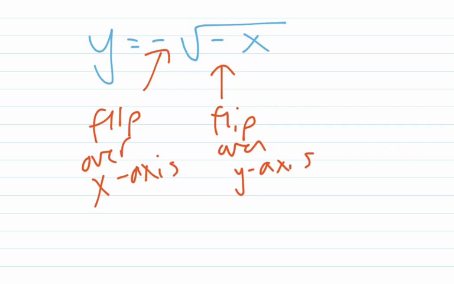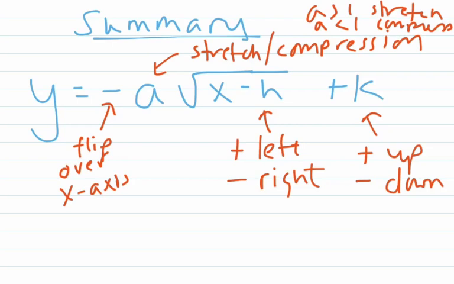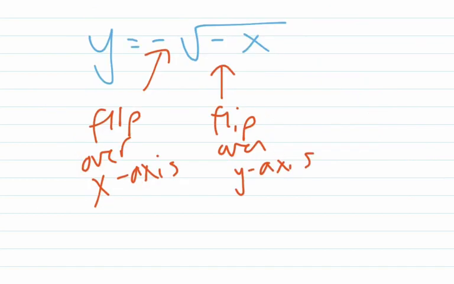Now here's why I didn't put it all together in this, okay? If you have a flip over the y-axis, it messes up your left and your right shift. Because what you have to do is factor the negative out of whatever that expression is. And I'll show you real quick what I mean by that.